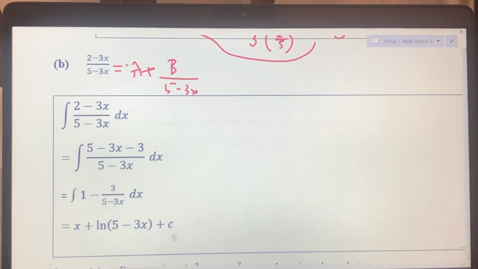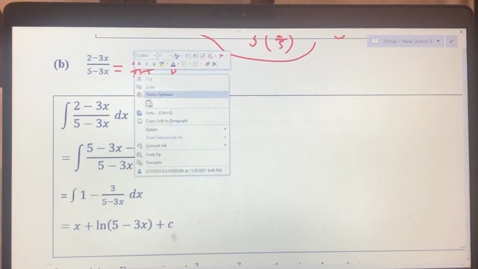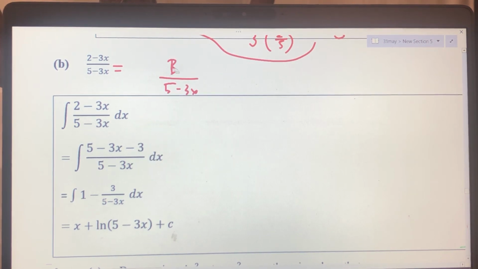They will guide you. So it's not that it's not in the syllabus, but it will be guided. So remember I told you that you can do this. Actually by right you're supposed to do long division, because this is power 1, this is power 1, this is actually improper.